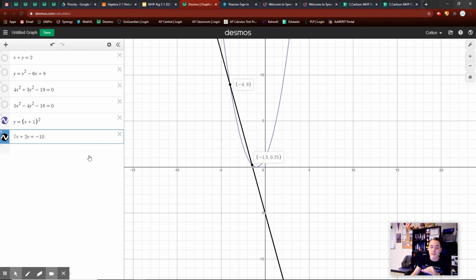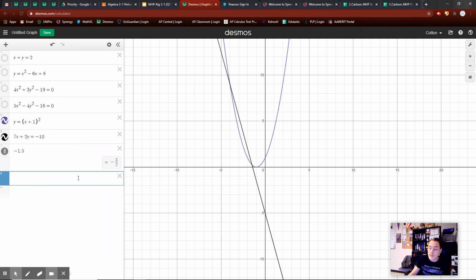Well, -1.5. I can type in -1.5, and then I can toggle this fraction button to give me that value. And that's exactly what I did. And it's that simple, guys. 0.25. Now, if you do not know what 0.25 is, it's a quarter.